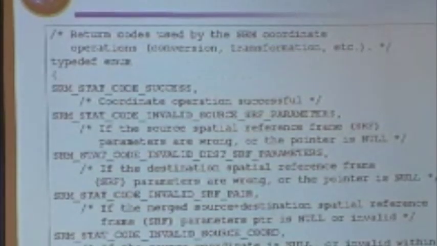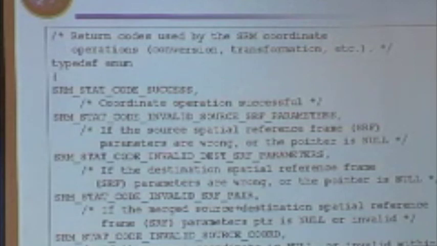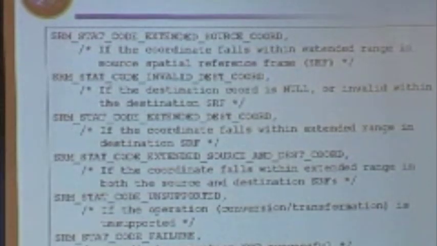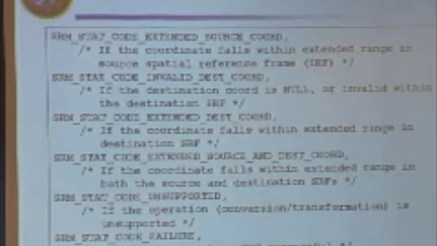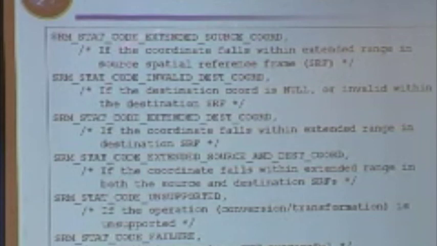So here are the kinds of status codes that are returned. The operation was successful, or you never initialized your SRF parameters, or where you're going from or where you're going to is wrong. Well, you can read the comments. And more. The operation may succeed, but it's going to tell you that you're in an extended zone.